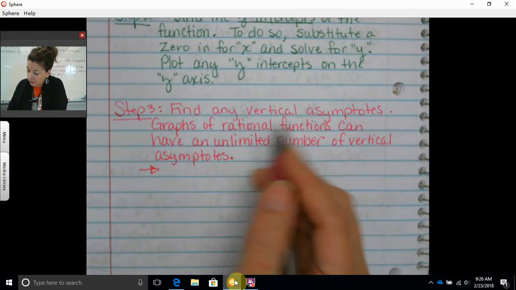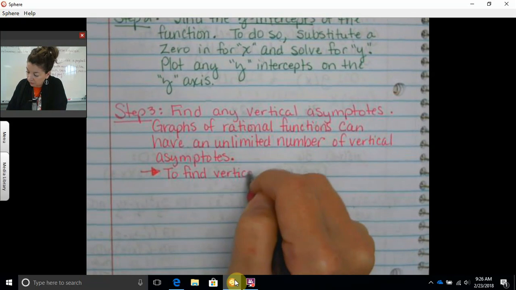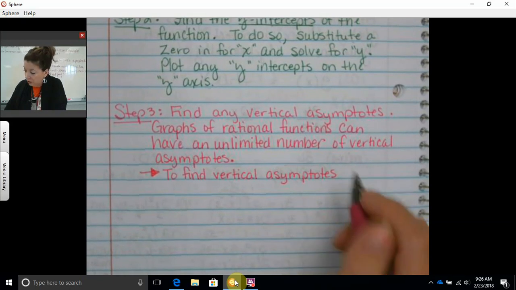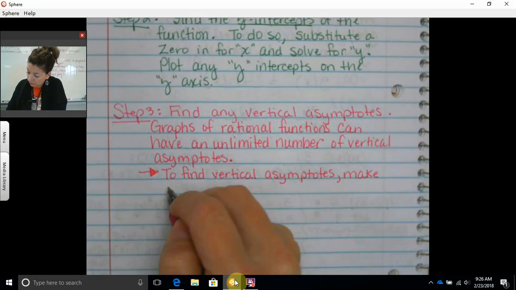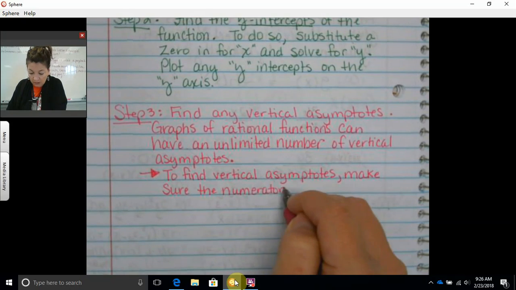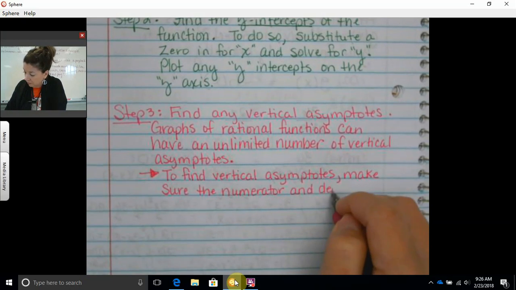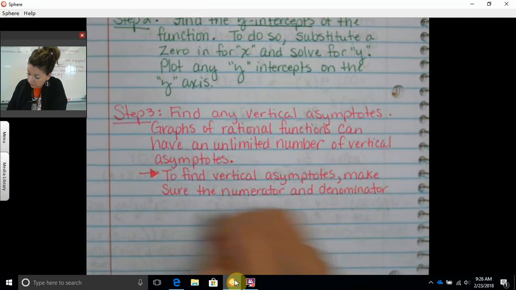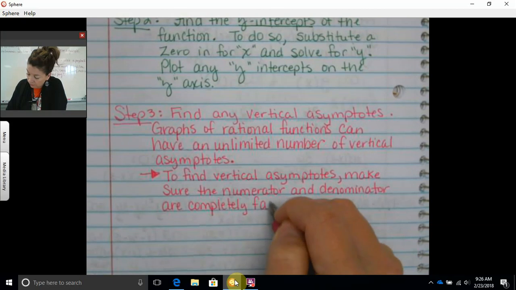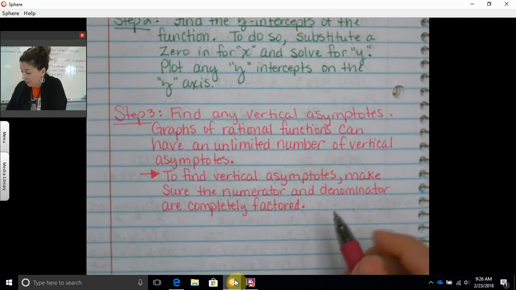To find vertical asymptotes, make sure the numerator and denominator are completely factored. Cancel any common factors.